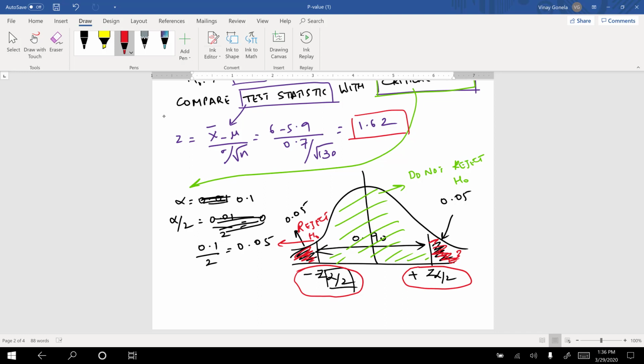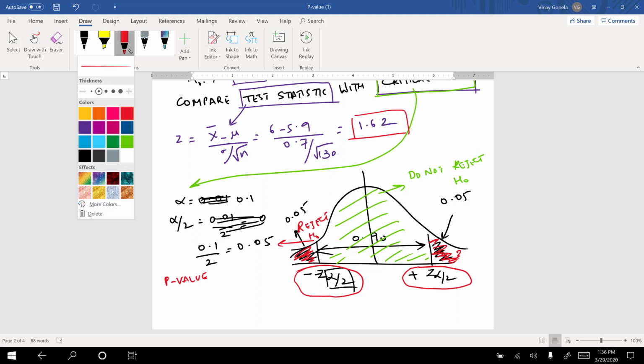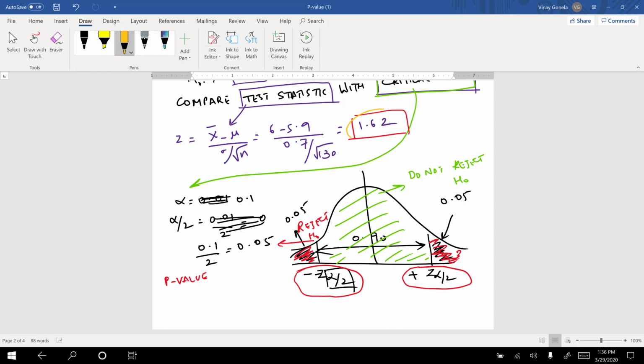One of the ways you can do is to calculate p value. So how do you calculate p value? You go and look for the probability at z is equal to 1.62.